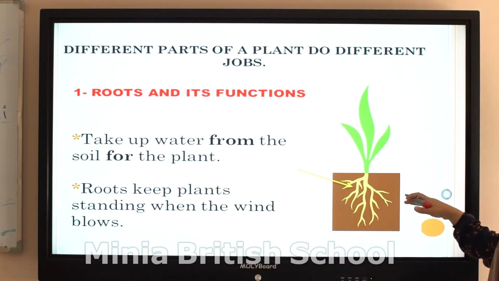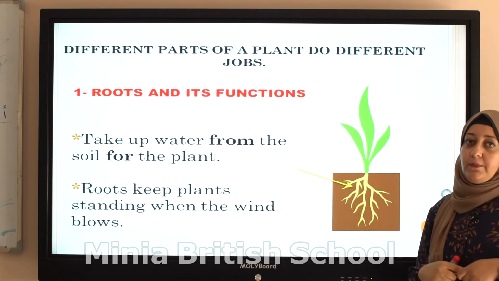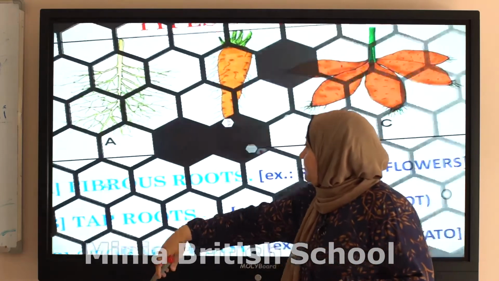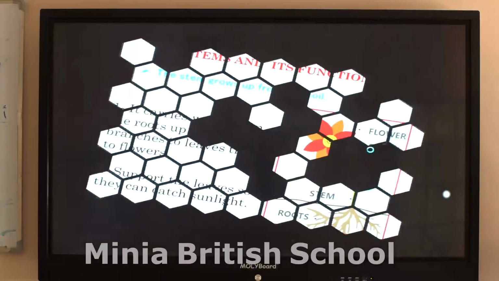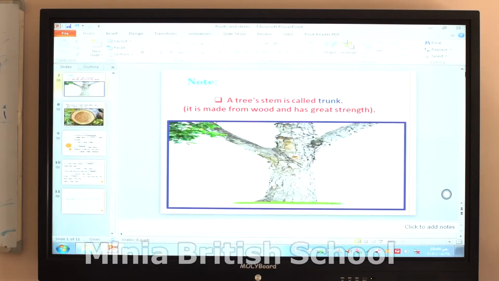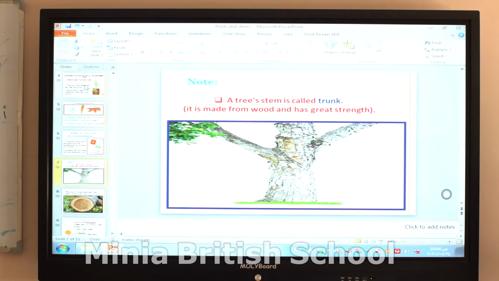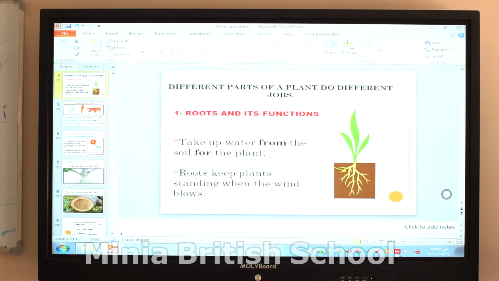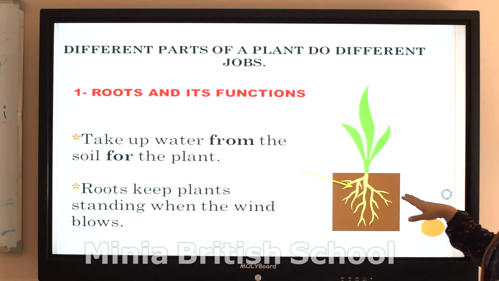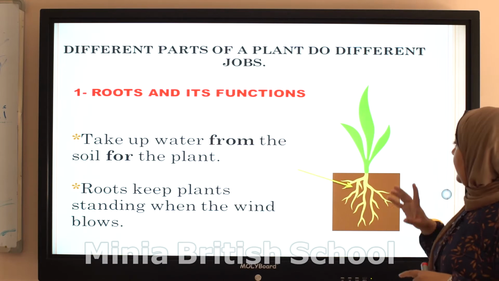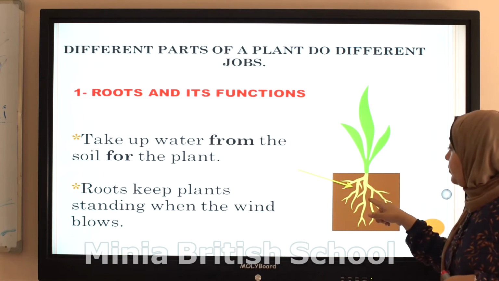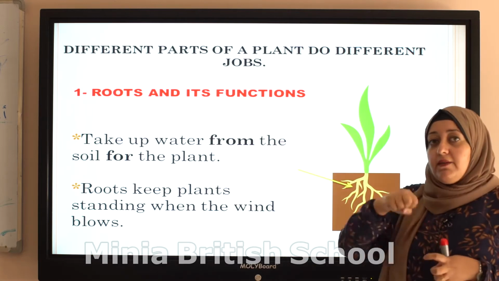First, we know when we give water to the plant, we put it inside the soil, okay? When we put the water inside the soil, how can this water go up in the plant? The root helps the plant to take this water up.